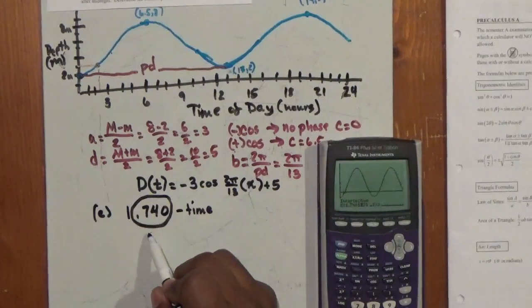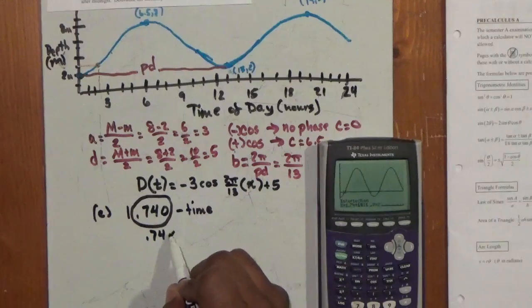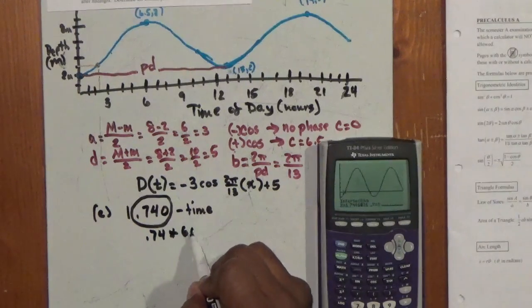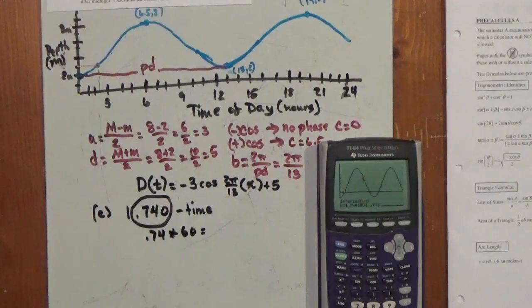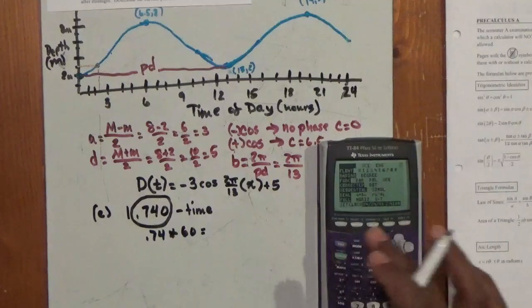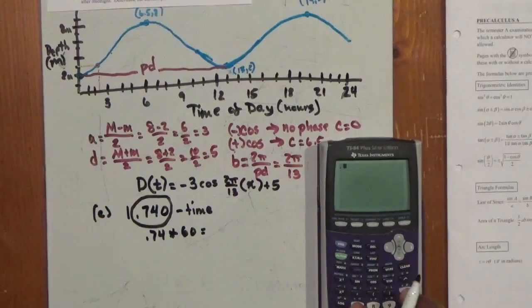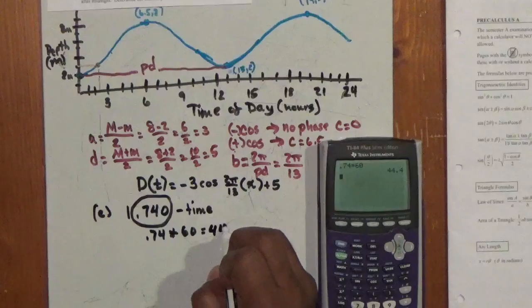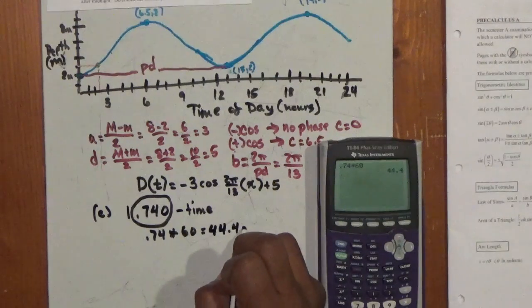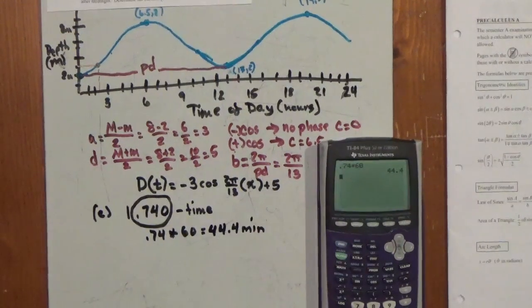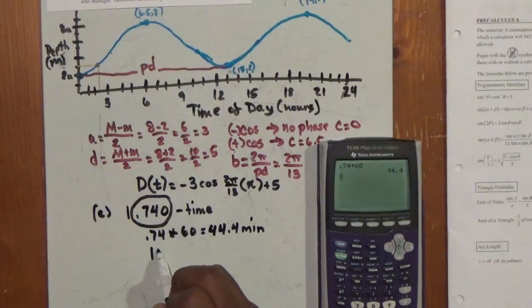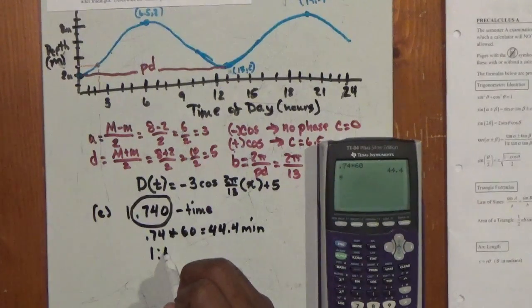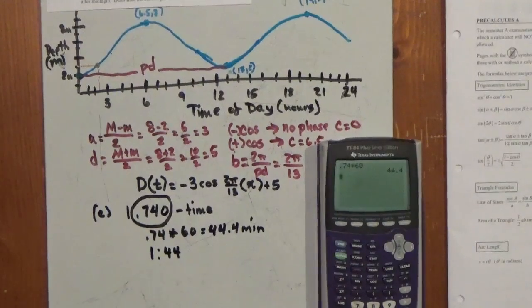So we need to take this 0.74 and multiply it by 60. 0.74 times 60 tells us that this is 44.4 minutes of an hour. So we're saying that this happens at 1:44 a.m.